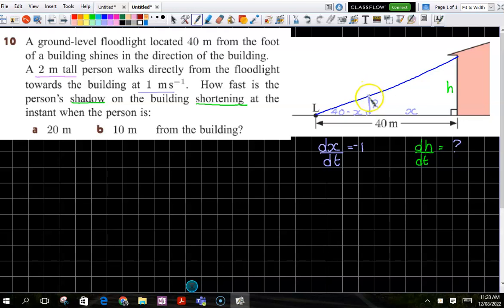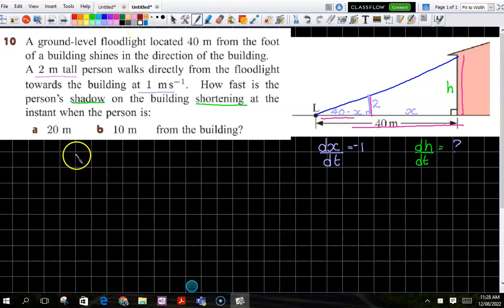That comes down to your similar triangles ratios, if you remember. I would say this one divided by this equals the ratio of this one divided by this.